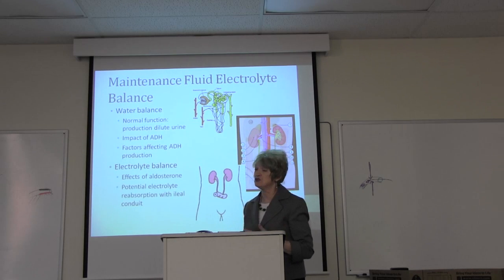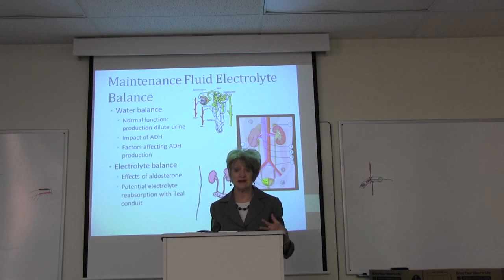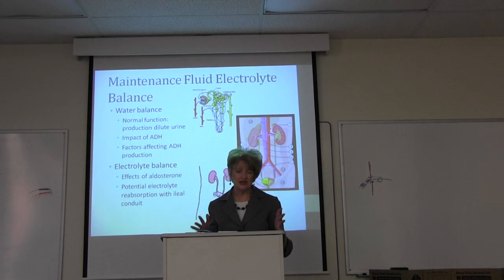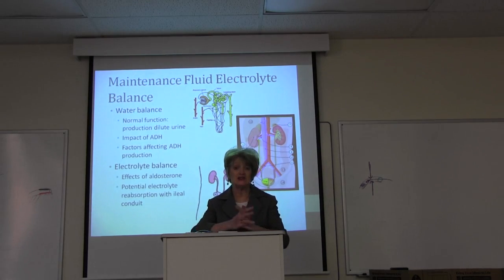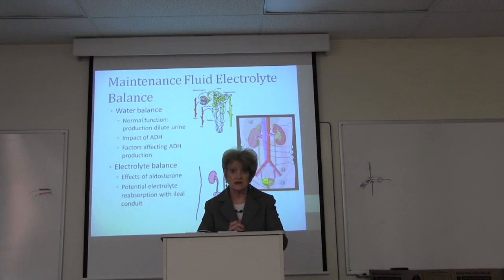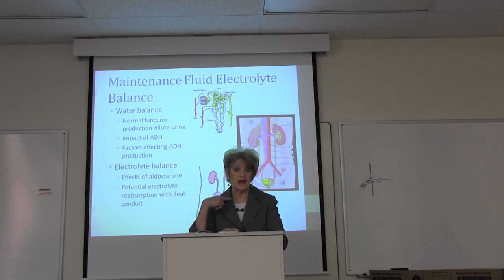Okay, what else do the kidneys do? Well, we've already said that the kidneys maintain fluid and electrolyte balance. ADH is the primary control factor for water balance. So you think about how ADH works. If you are not getting in enough water, not getting in enough fluid, then your plasma becomes hyperosmolar. It becomes more concentrated.